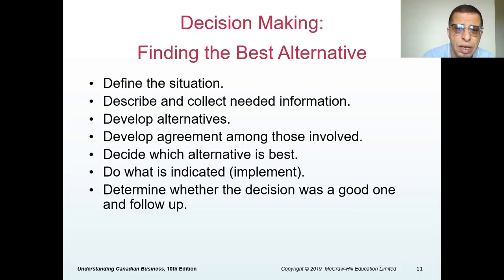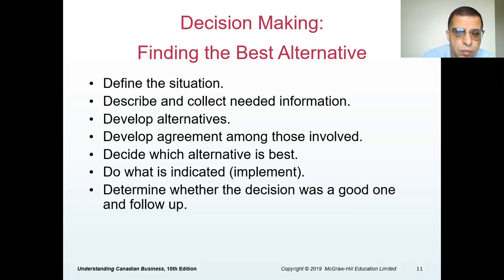And this we usually describe and collect the needed information to understand the situation and the alternative solutions. Then we develop the alternatives from the information. Then we choose between these alternatives, which is to develop an agreement among those involved. Once we choose, we try to get consent from the team or the stakeholders for a certain solution.